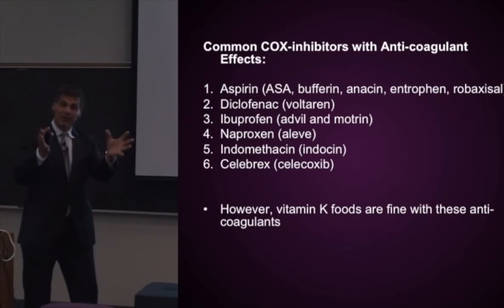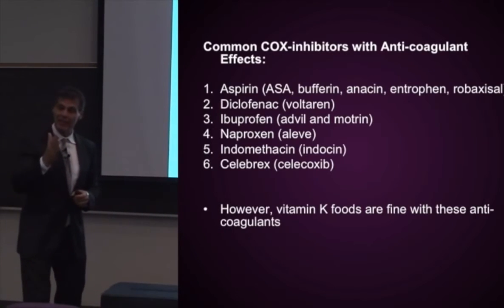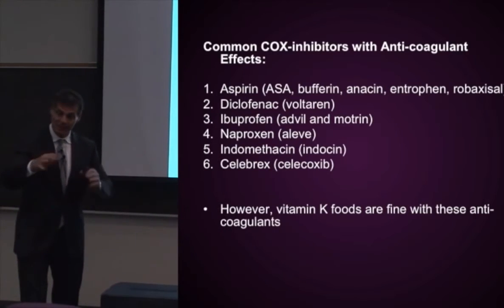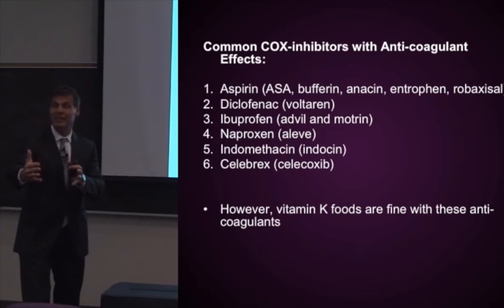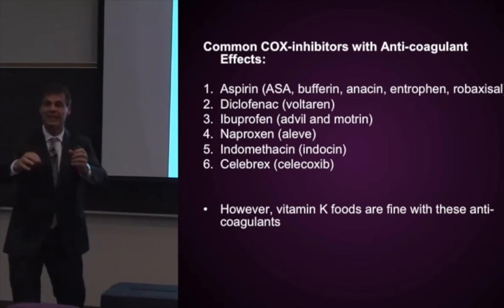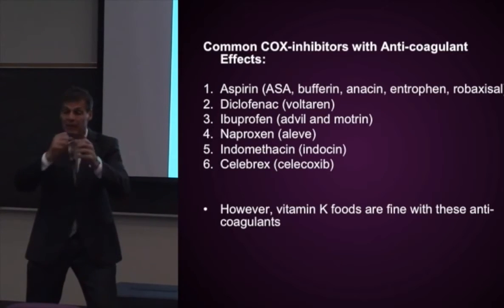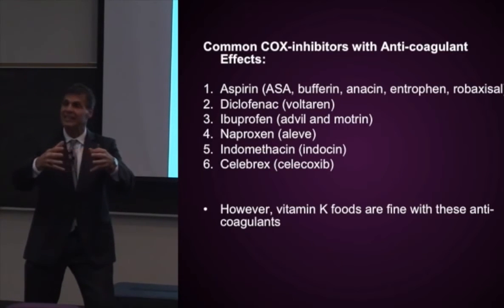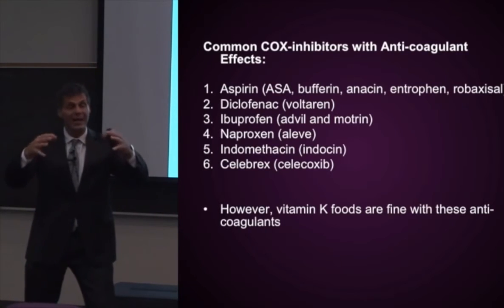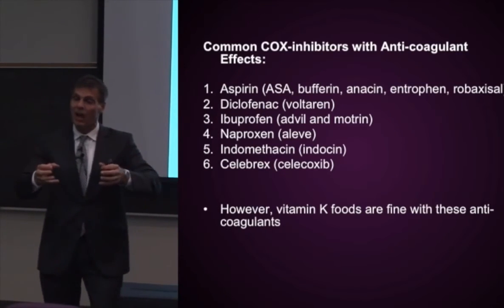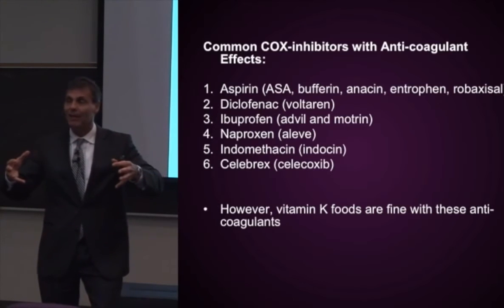And so those drugs, because they inhibit the cyclooxygenase enzyme, are blocking the synthesis of prostaglandin series 2 in the platelets. So the platelet now is making less thromboxane. The platelet is now having an anticoagulant effect just because they're taking an anti-inflammatory drug. So anti-inflammatory drugs like this also have anti-clotting behavior.